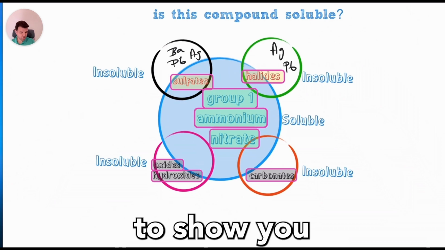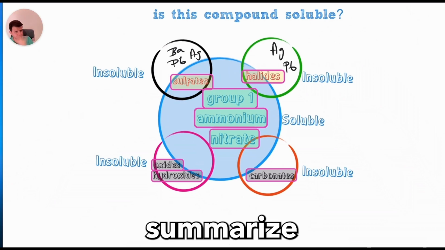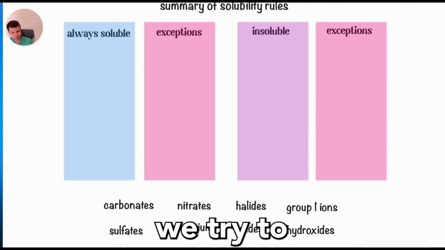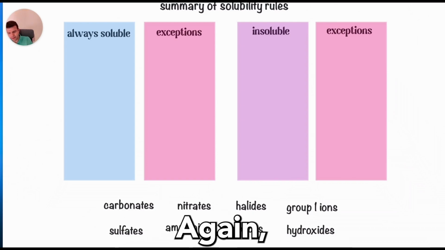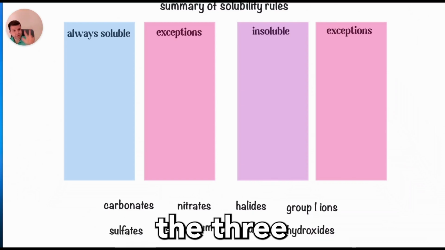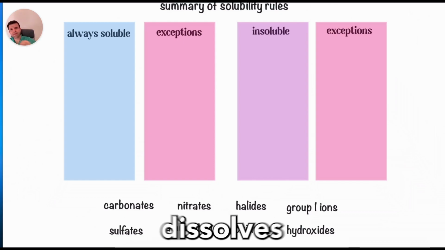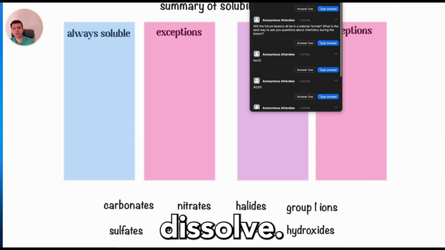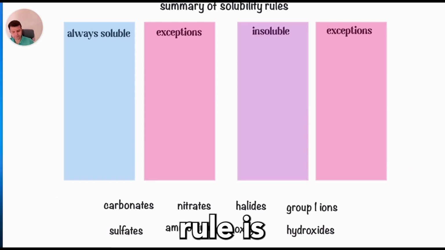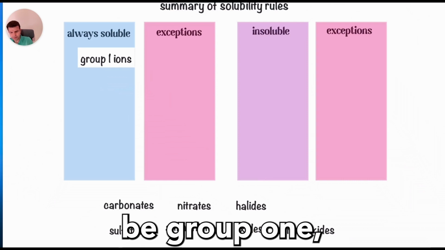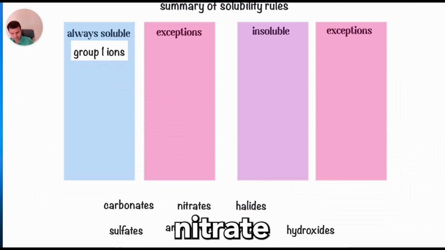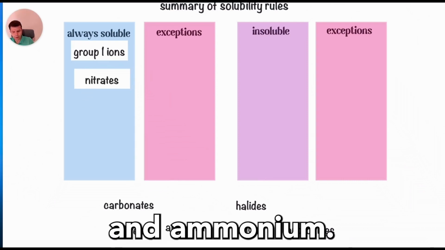Okay, I'm going to show you the compounds. Let's just summarize the rules and then try to apply them. Remember, the three very strong rules tell you 100% if something dissolves or doesn't. The first rule is group 1, nitrates, and ammonium.